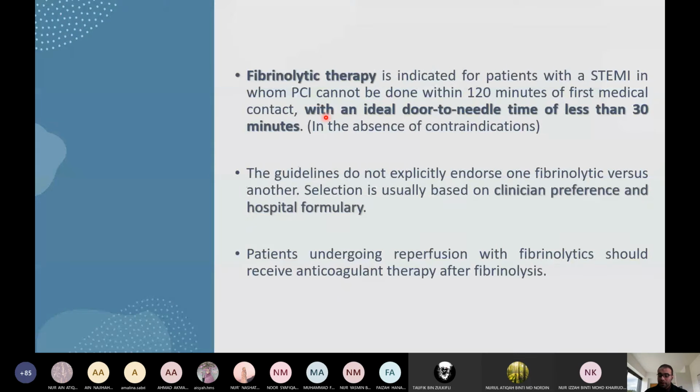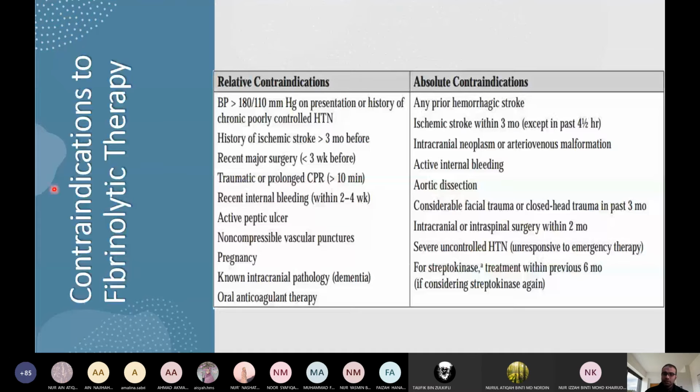The patient undergoing reperfusion with fibrinolytics should receive an anticoagulant. And of course, as you may be fully aware, fibrinolytic therapy has some relative and absolute contraindications. To evaluate whether the patient is a candidate or not, you should go back and see, for example, whether the blood pressure is very high, so we have to wait and manage, because this is a relative contraindication.